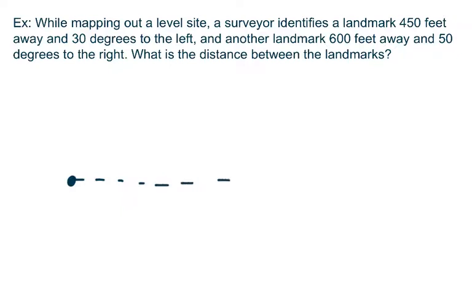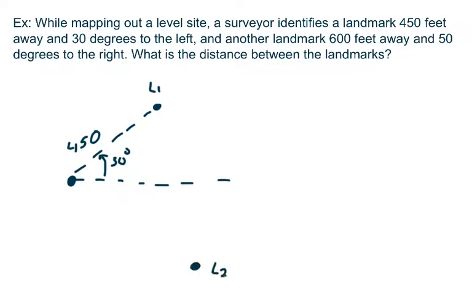Let me draw my dashes a little bigger there. Okay, first landmark is 450 feet away, so let's say that this point right here is my landmark 1. We'll call this L1, and this distance right here is 450 feet away, and we make a 30-degree angle to my left. Okay, the second landmark is 600 feet away, so that's out here.